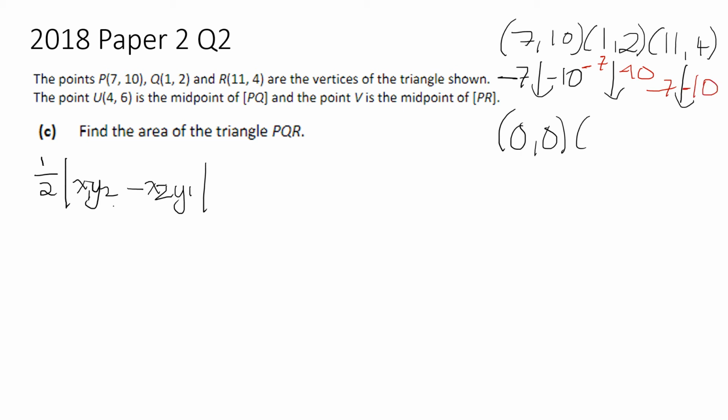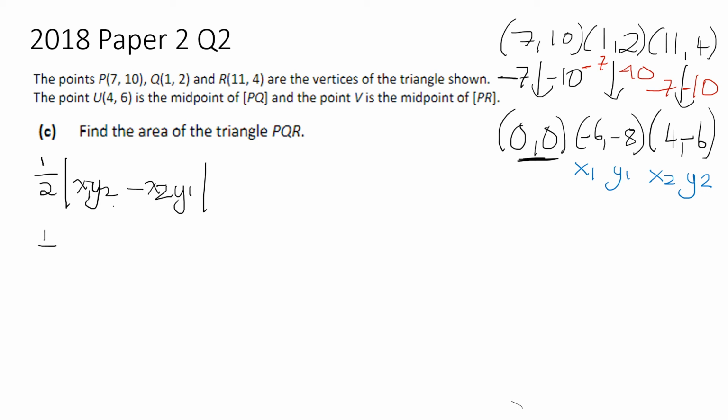So this is translating or moving all of the coordinates. 1 minus 7 is minus 6, and 2 minus 10 is minus 8, and then 11 take away 7 is 4, and 4 take away 10 is minus 6. So I've translated them all, so one of the points is now on (0, 0). Then I can label them as x1, y1, x2, y2, and just sub them into the equation.